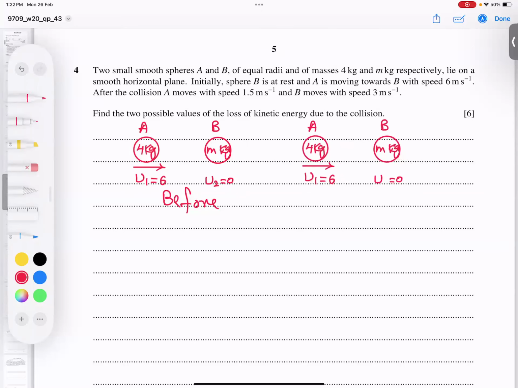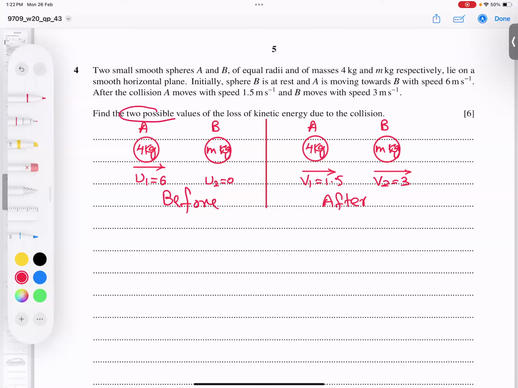After collision, the speed will be different, you know it very well. He said after collision, the speed of A is 1.5 and B is 3. So V1 is 1.5 and V2 is 3.